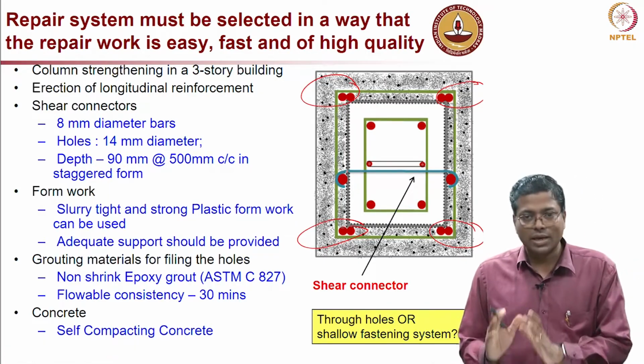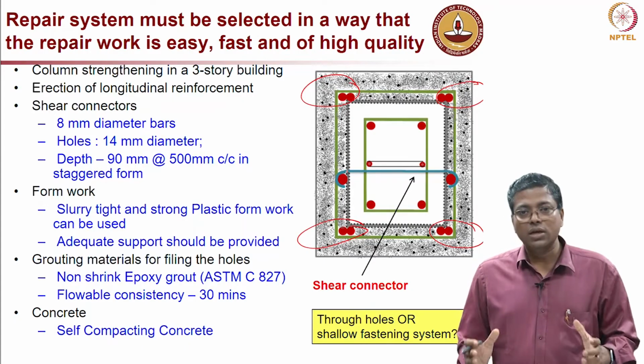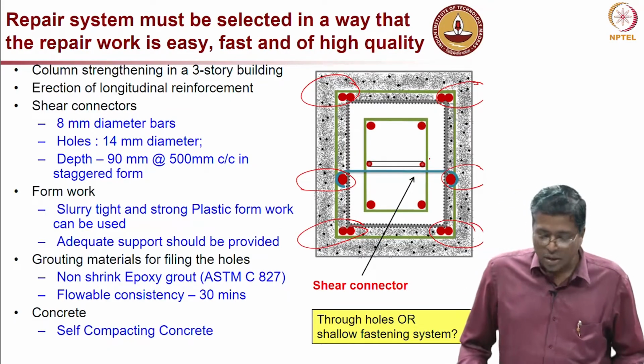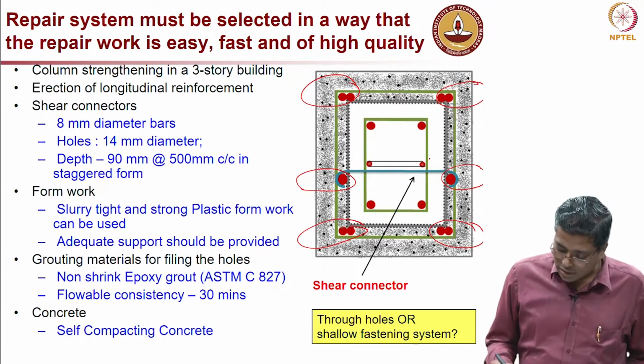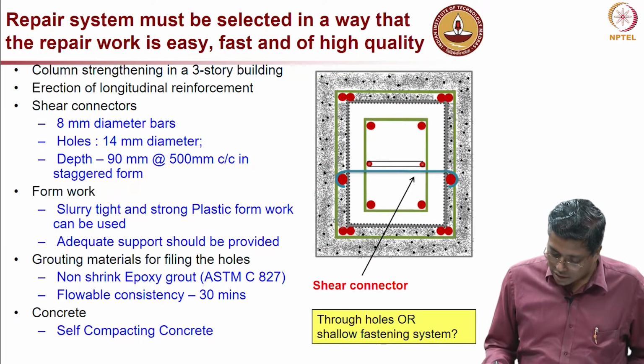The white region is the existing concrete and the shaded region in the periphery is the new concrete. These are the 10 additional rebars, and also there are a lot of shear connectors. This blue one, the hook like this, is the shear connector.